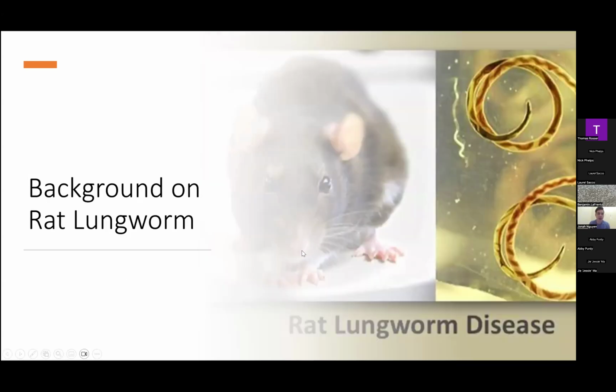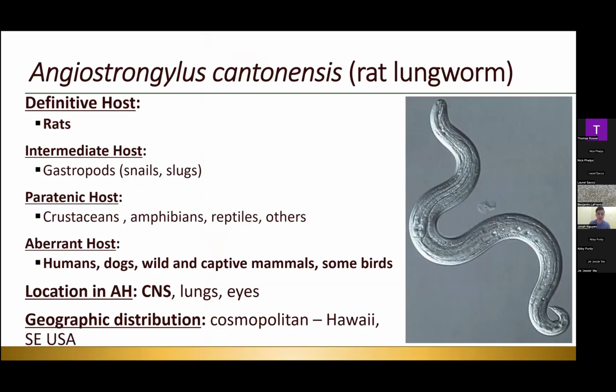So some background on rat lungworm to begin with. This is rat lungworm on the right there, and its definitive host, where it sexually matures, is in rats. It requires an intermediate host to complete its life cycle. In this case, for this parasite, it's gastropods, snails and slugs.